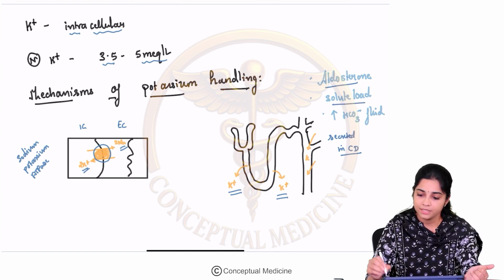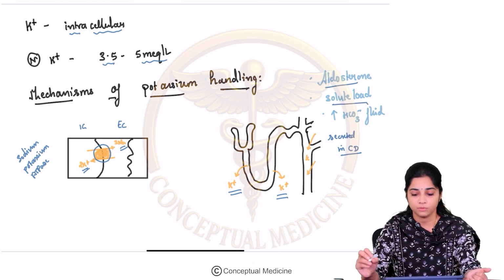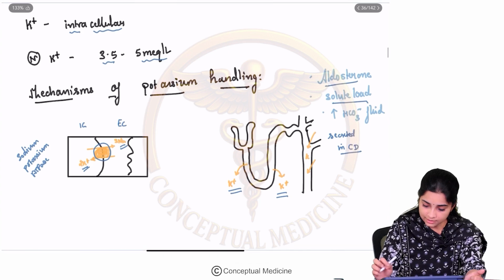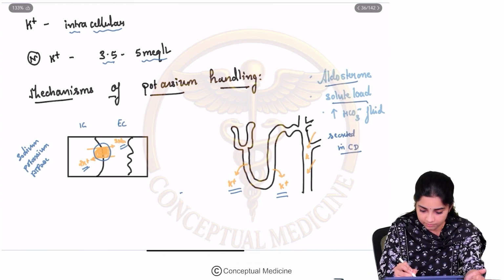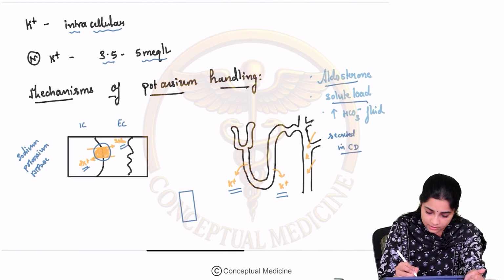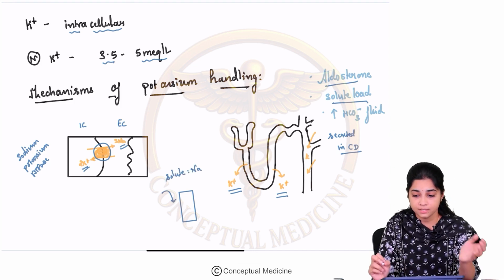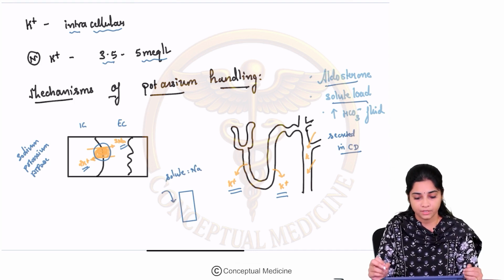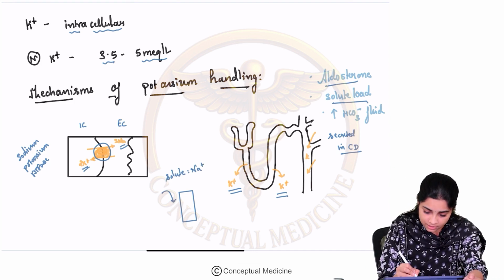Then it is dependent on the solute load. What does that mean? Let us understand with the help of this diagram. This is your collecting duct, and now the solute load is more, which means the distal sodium delivery is more. Sodium is a positively charged ion.